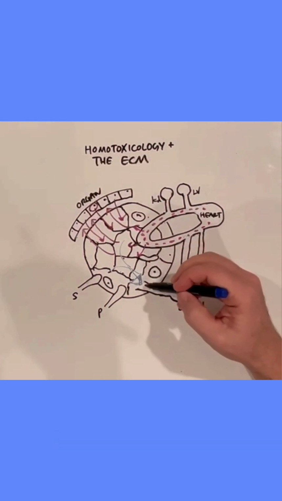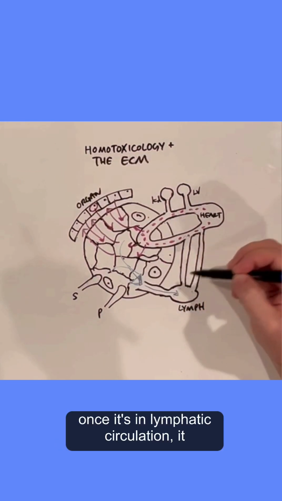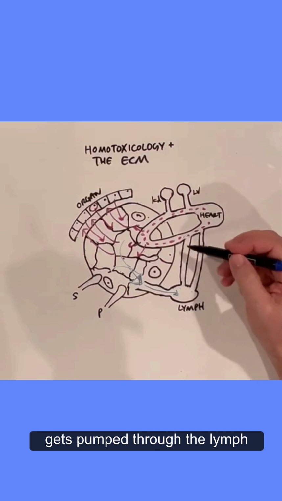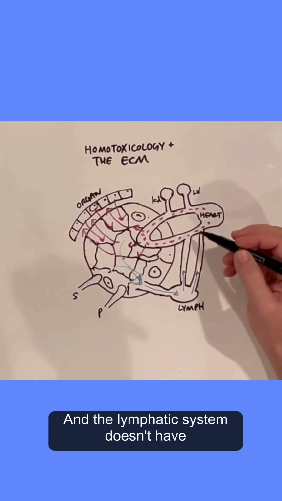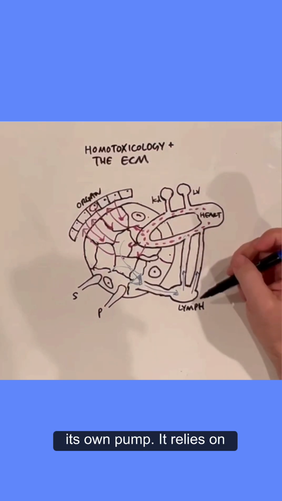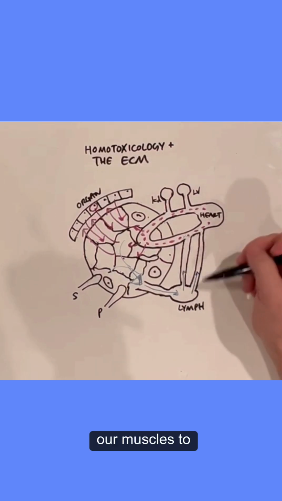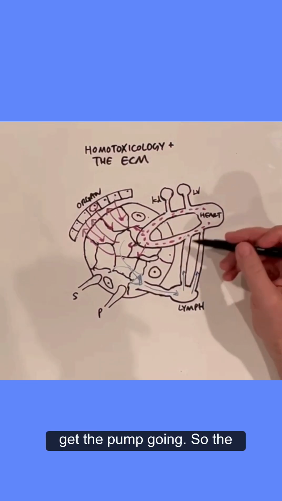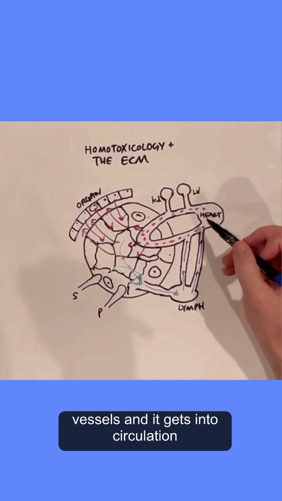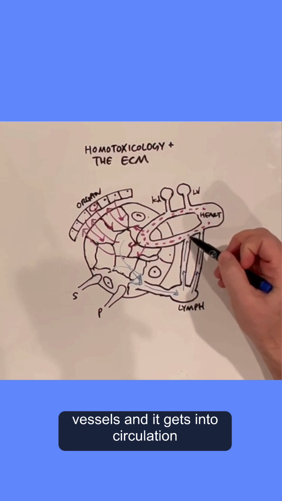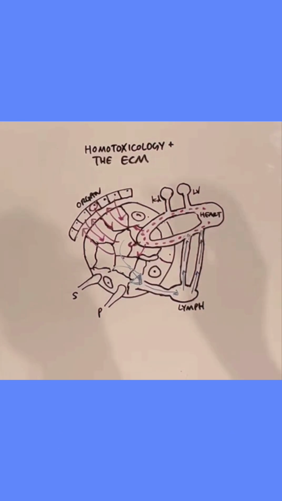So once it's in lymphatic circulation, it gets pumped through the lymph nodes and lymphatic vessels. And the lymphatic system doesn't have its own pump. It relies on our muscles to get the pump going. So the lymph fluid goes down the lymphatic vessels and it gets into circulation by the subclavian vein.